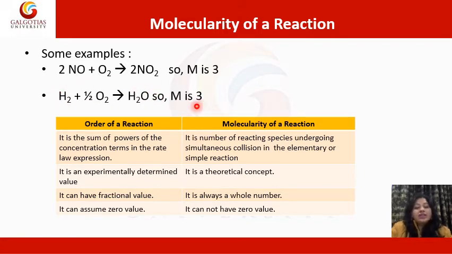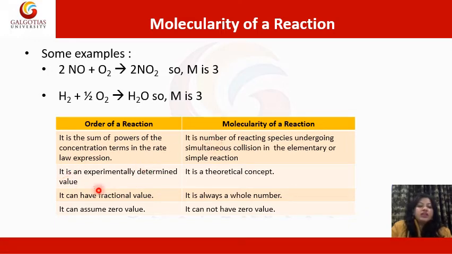Now let us discuss the difference between order of the reaction and molecularity of the reaction. Order is the sum of the powers of the concentration terms in the rate law expression. Molecularity is the number of reacting species undergoing simultaneous collision in an elementary or simple reaction.